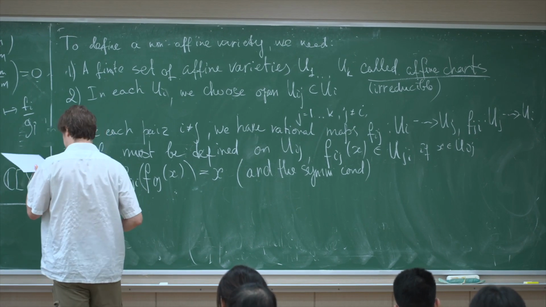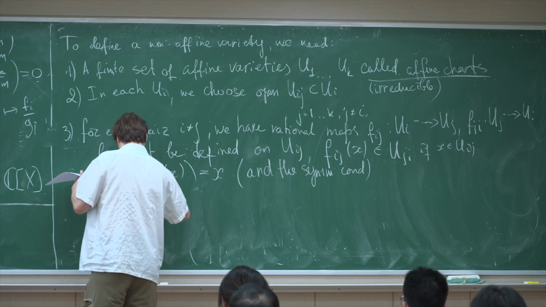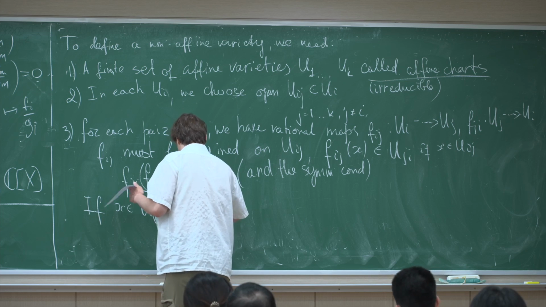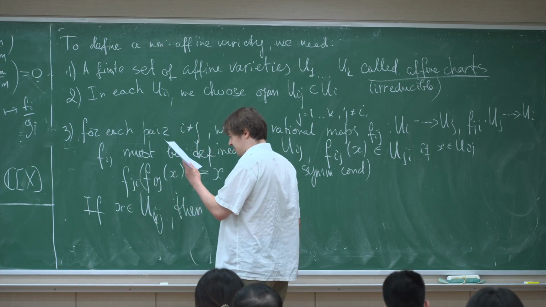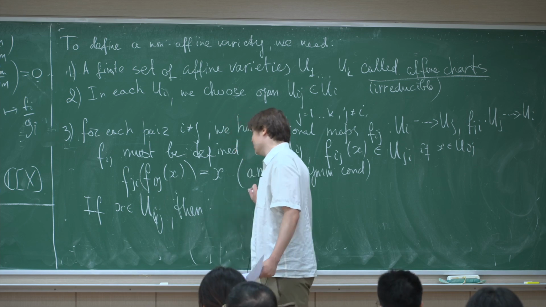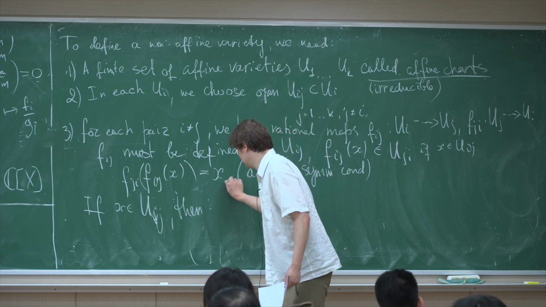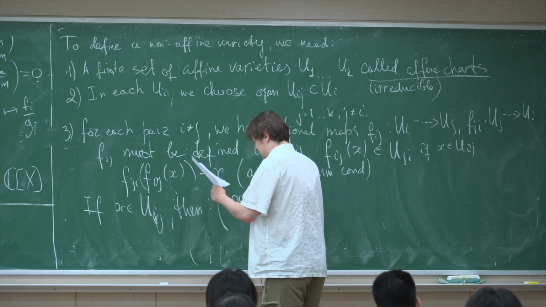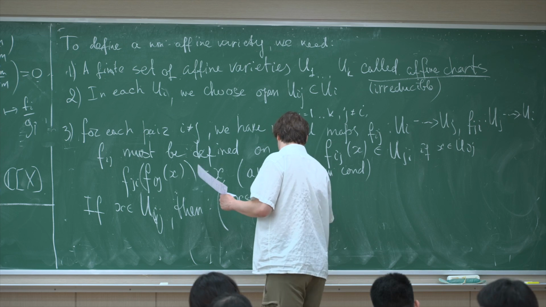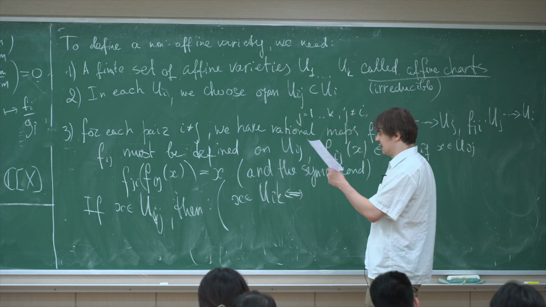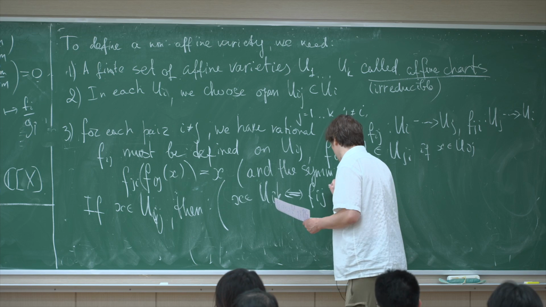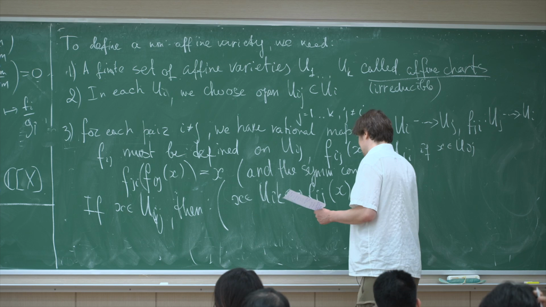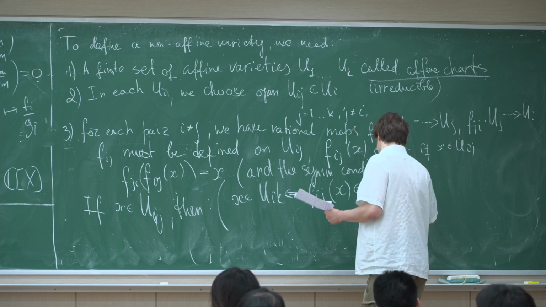if x is in Uij, then these two conditions must be equivalent. x is in Uik if and only if Fij of x is in Ujk.